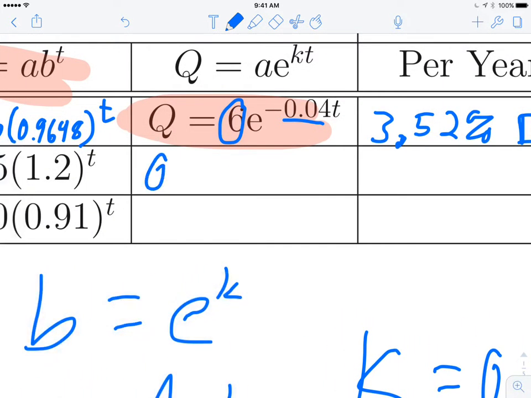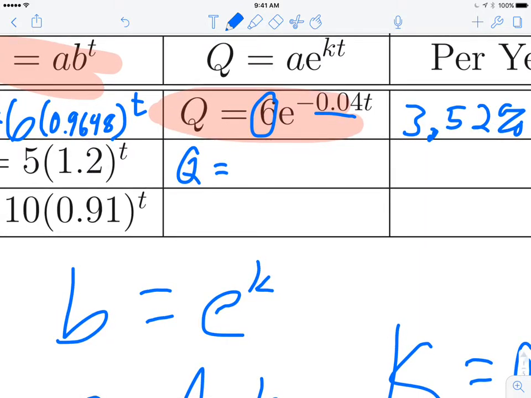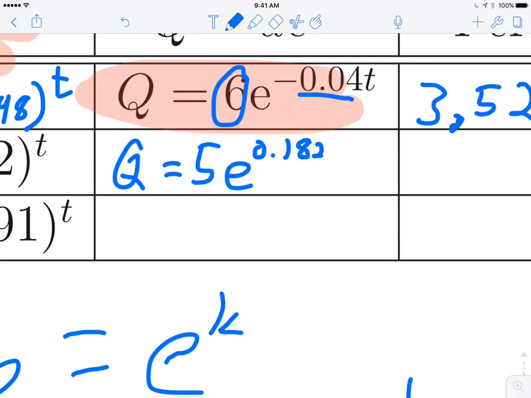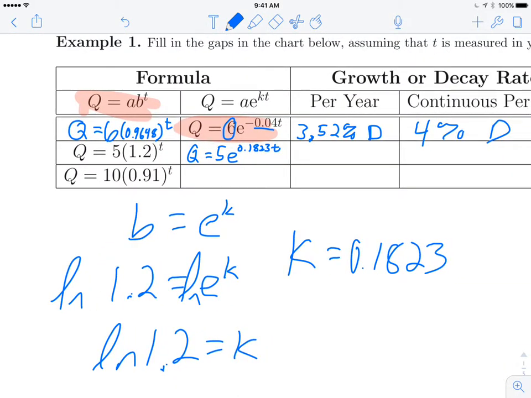So I'll write my formula. We're going to have Q equals, a is 5 times e to the 0.1823t. Okay, my per year or annual growth rate is 20%, and that's because my growth factor is 1.2.